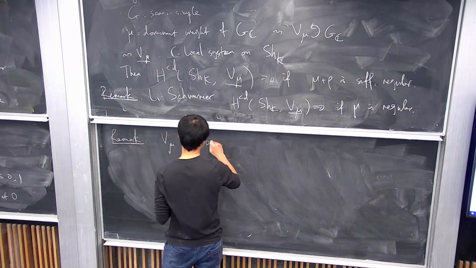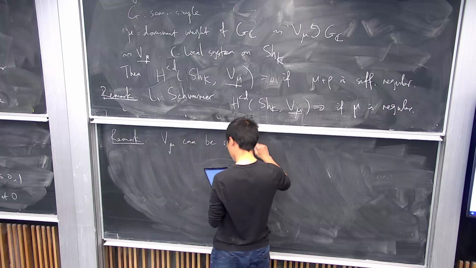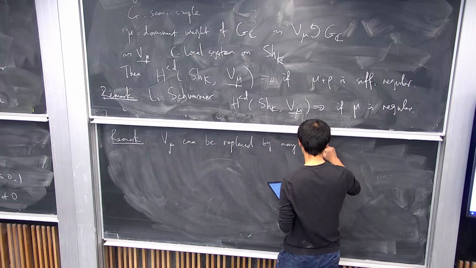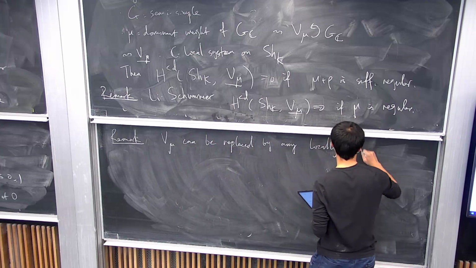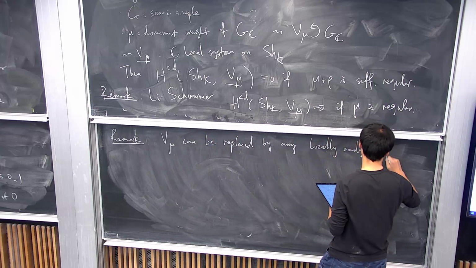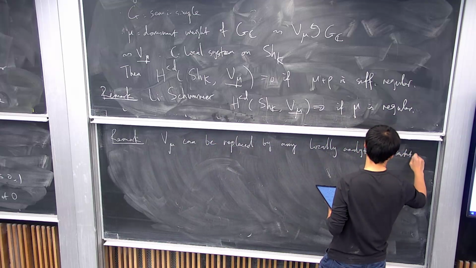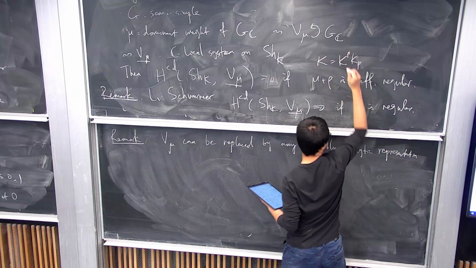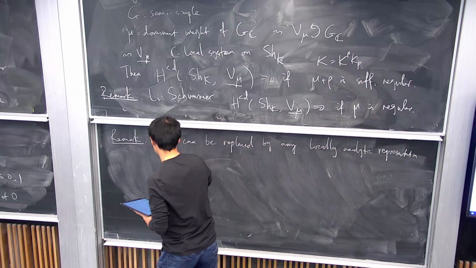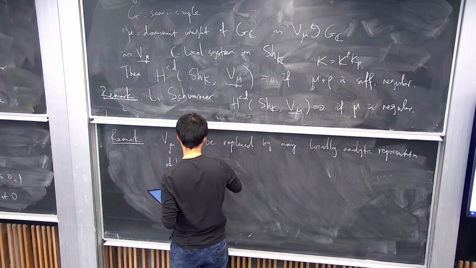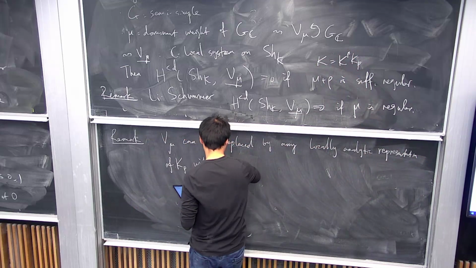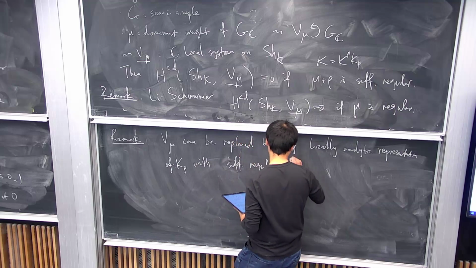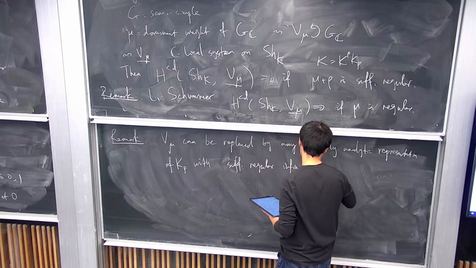V_mu can be replaced by any locally analytic representation of K_p, the p-adic group, with sufficiently regular infinitesimal character.